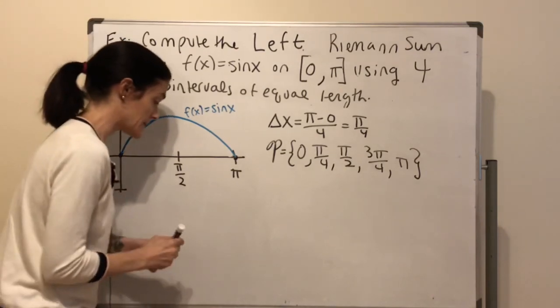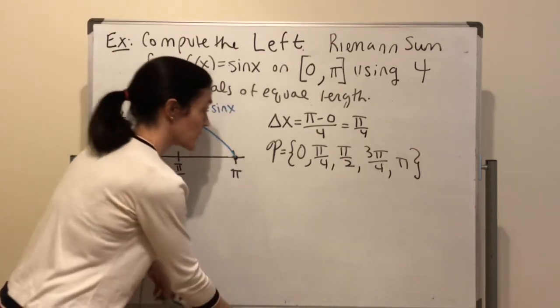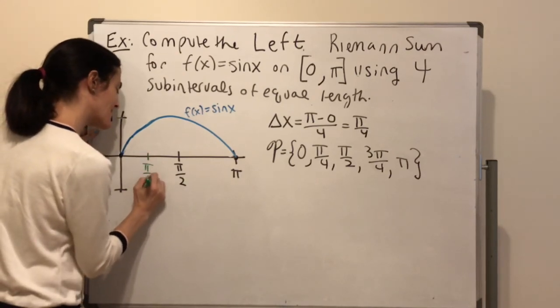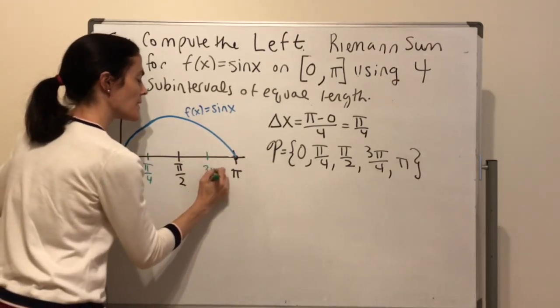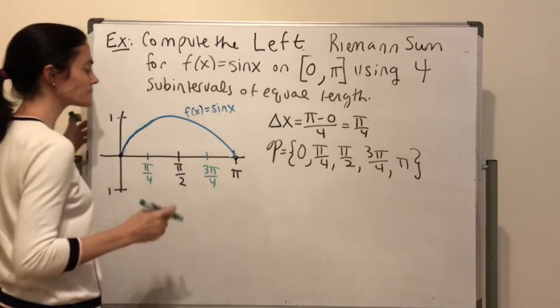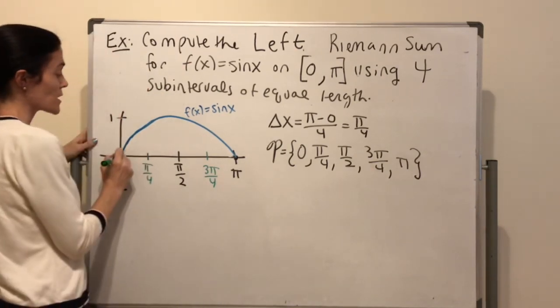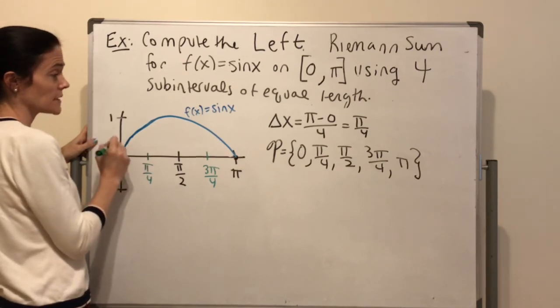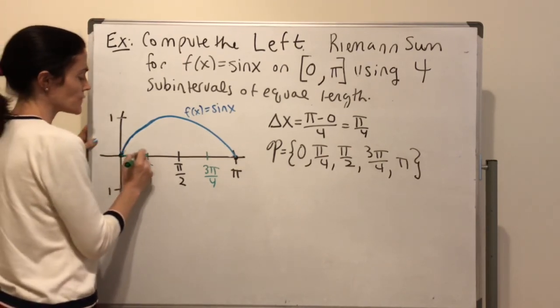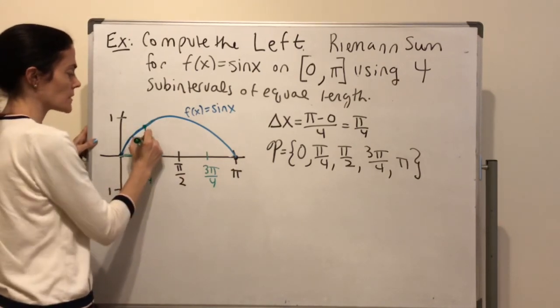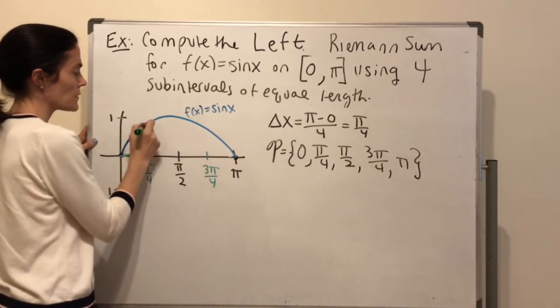I need to add these points of the partition here, pi over 4, and here 3 pi over 4. It's a left Riemann sum, so I use the height of the left endpoint here. So this first height 0, and then here I use the height from the left endpoint.